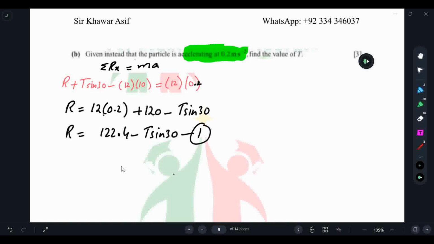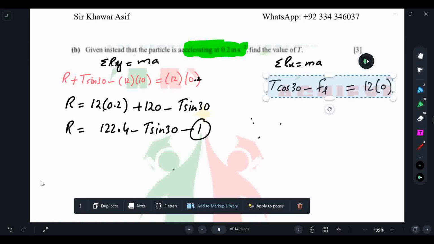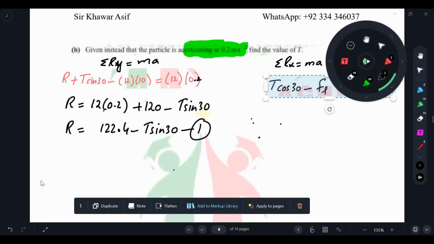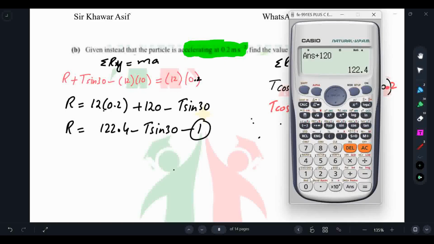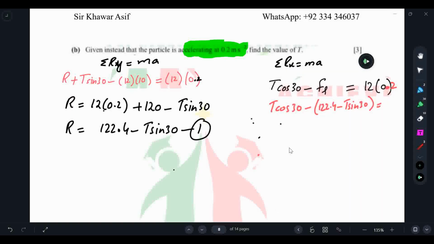Now we will see the vertical component. This previous one was the vertical component. Now we can see the horizontal component. Now acceleration is 0.2, so we can rearrange it like this: T cos 30 minus R, where R is 122.4 minus T sin 30, is equal to 12 into 0.2. 12 into 0.2 will be equal to 2.4.